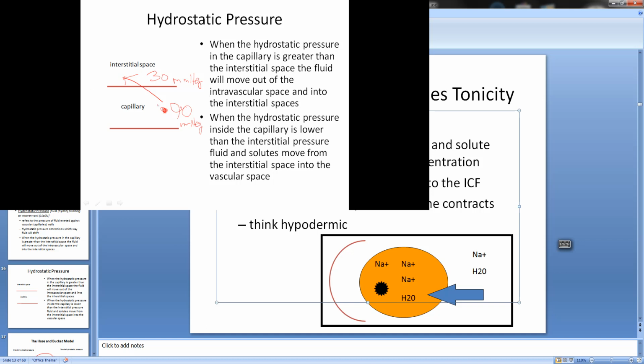Actually, this is all ECF, right? But it'll move from the capillary out into the interstitial space. And that happens quite often at the arterial end. That's how cells get nourished.